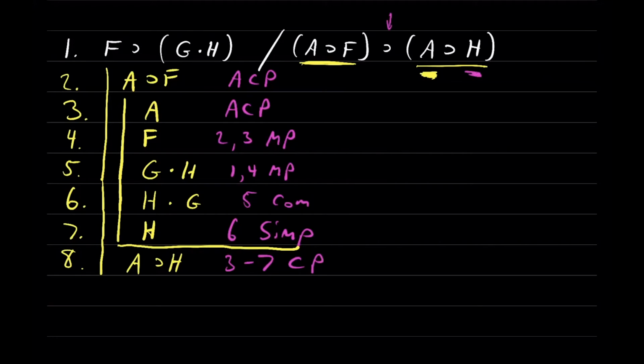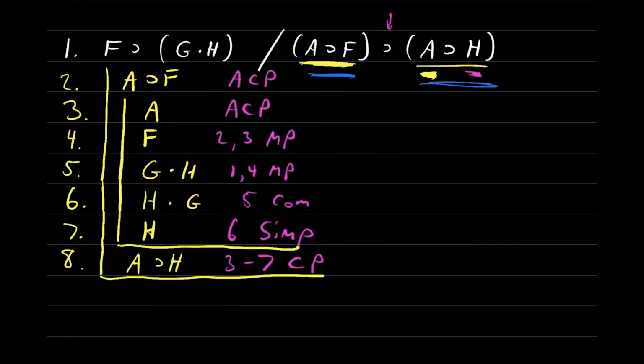Now remember how we started. We started by trying to assume the antecedent of this conditional, A implies F. Here, I'll use a different color. A implies F. And then the goal was to get A implies H inside the scope of that vertical assumption line, which we just did. On line 2, we have A implies F. We've shown that if we assume A implies F, we can get A implies H. So we are done with this outer indented sequence right here.